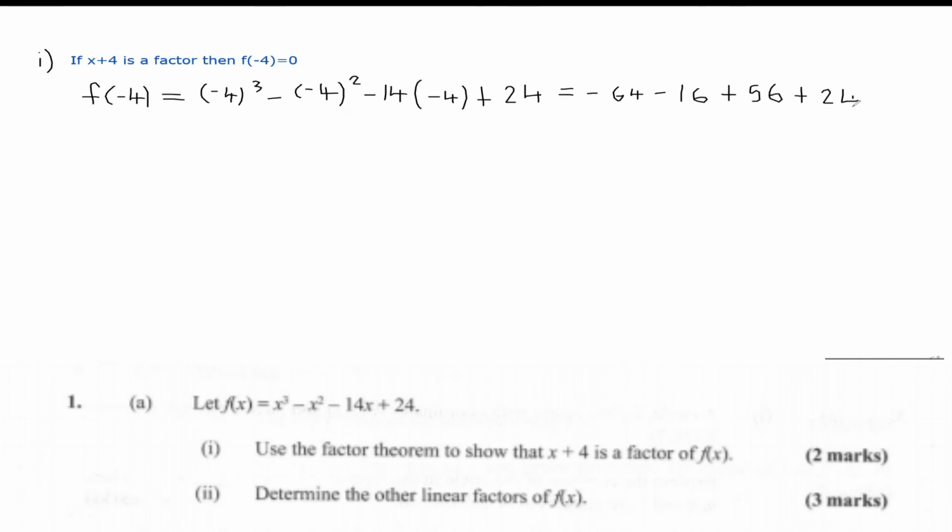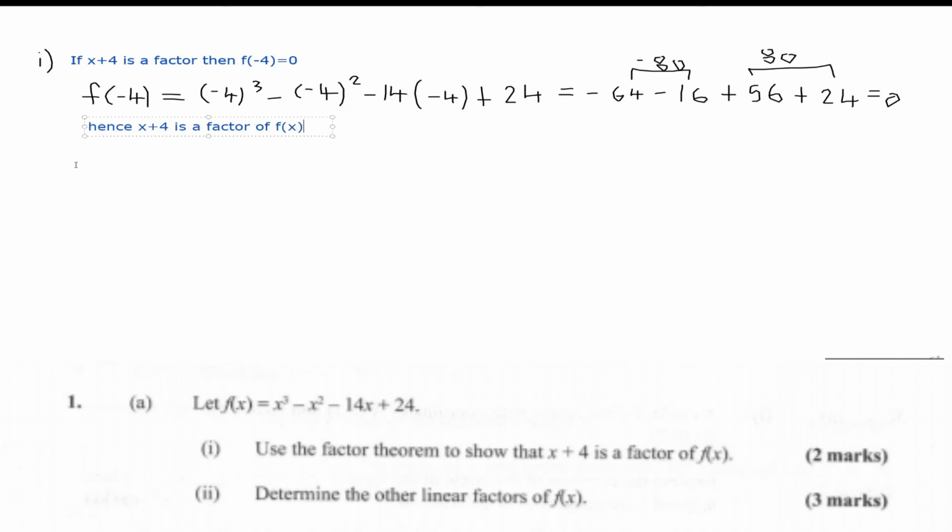Is indeed 0 because negative 64 minus 16, that's negative 80. And then this part that says 56 plus 24, this is positive 80. And negative 80 plus positive 80 is 0. Since this is 0, we can conclude hence x plus 4 is a factor of f of x.